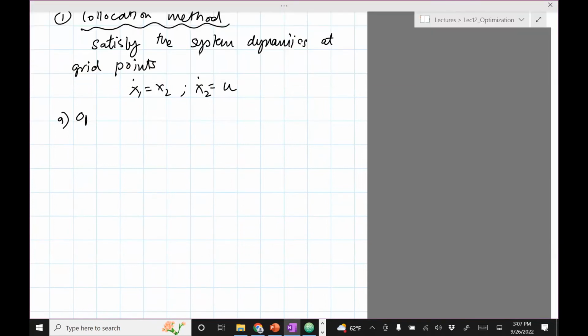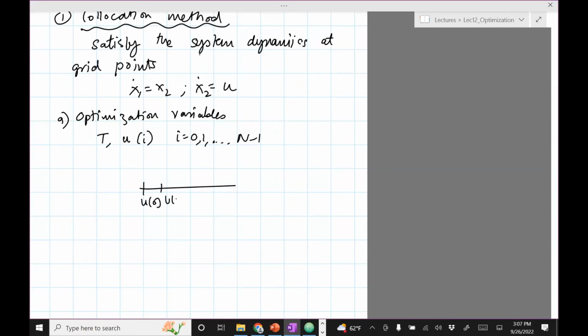So the first is optimization variables. T is the time, that's a scalar. And then we'll specify u i, where i goes from 0, 1, all the way to n minus 1, where clearly we have u0, u1, so on till u n minus 1.